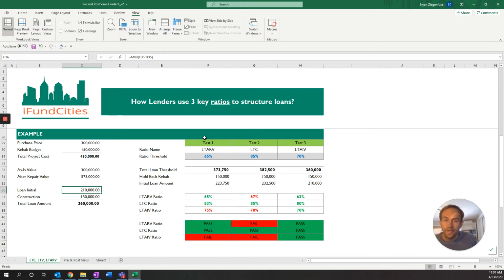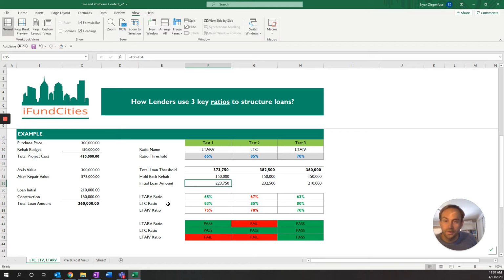Let's go through and understand the thresholds. If you remember from above, loan to ARV is 65%, threshold 2 is loan to cost at 85%, and loan to as-is value at 70%. So these are the total loan thresholds. You've got a holdback amount, and then the delta is your initial loan amount day one.